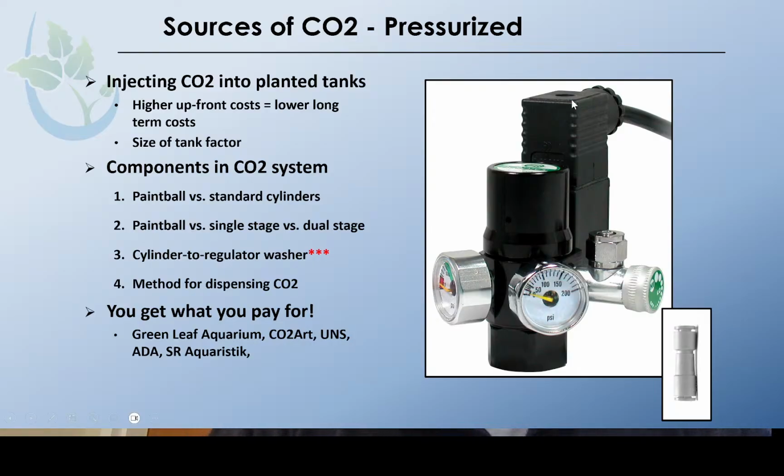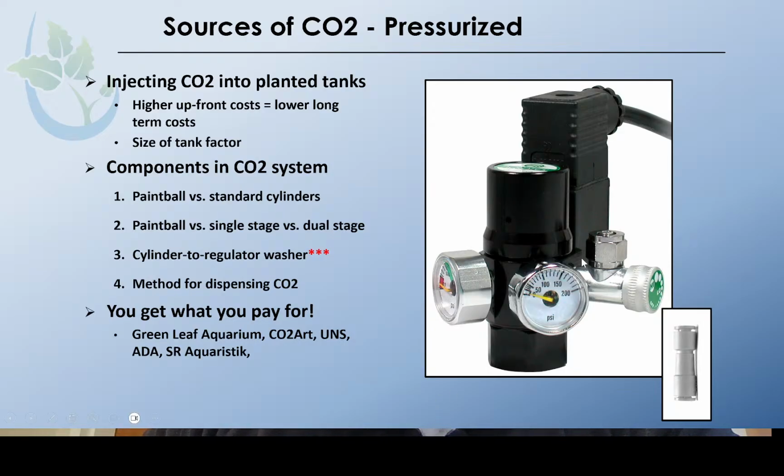Now, one of the other things that you absolutely have to have is a check valve. The reason is that once your CO2 shuts off at night, you're going to get water moving backwards, back into the cylinder side, because there's no pressure pushing it back out, right? The check valve keeps it from doing that.